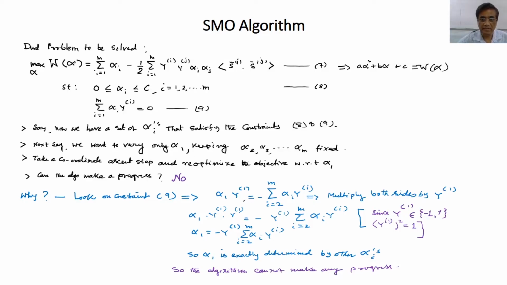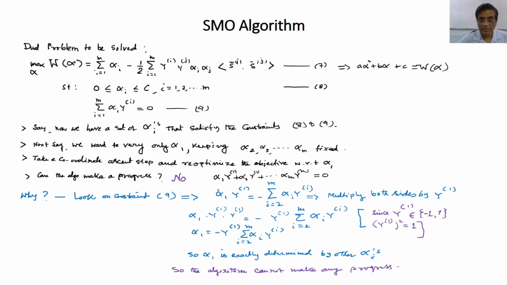So this is the constraint, and I can write alpha 1 y1 plus alpha 2 y2 plus and so on up to alpha m ym, where each y can be only 1 or minus 1, and this equals 0.